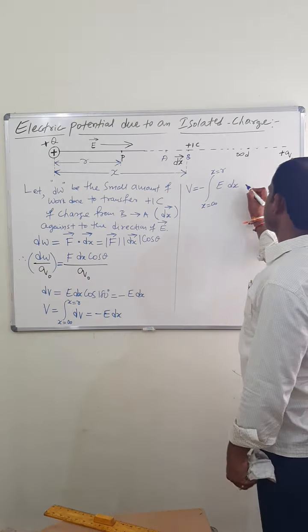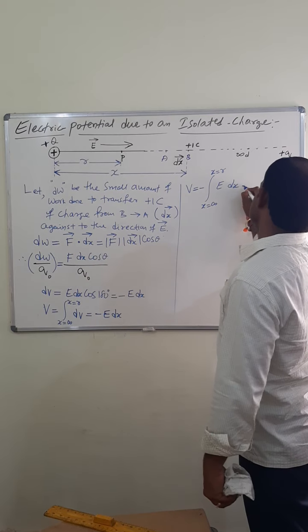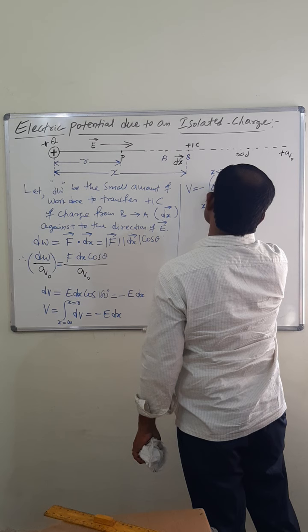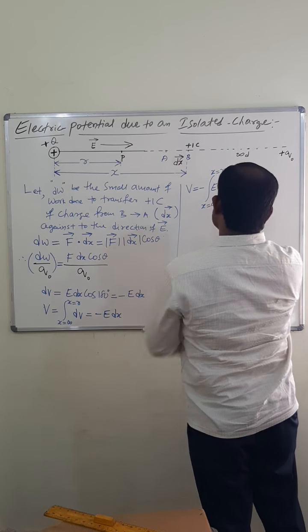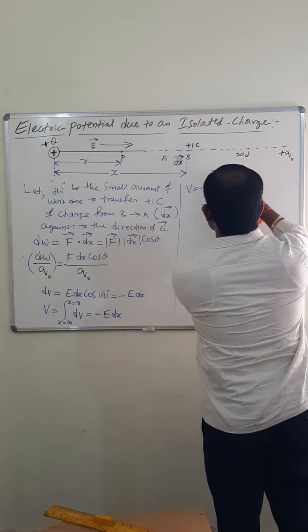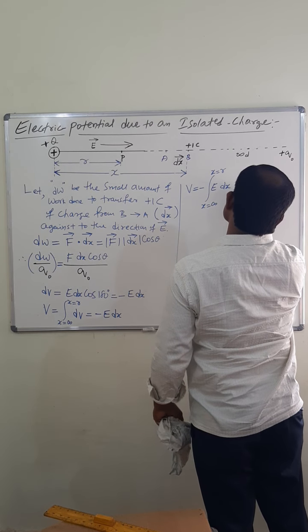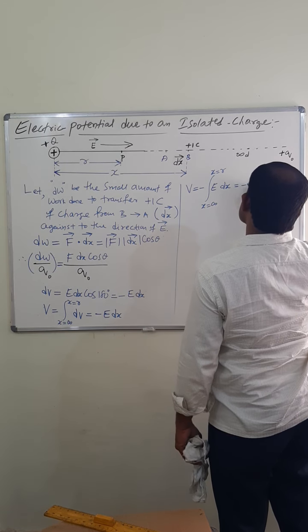Therefore, what is the equation for the electric field at a given point? You will get E into dx, and the minus sign stays as it is. What is the expression for the electric field?